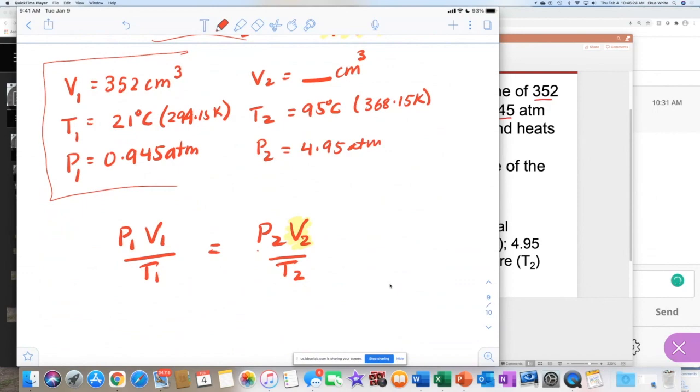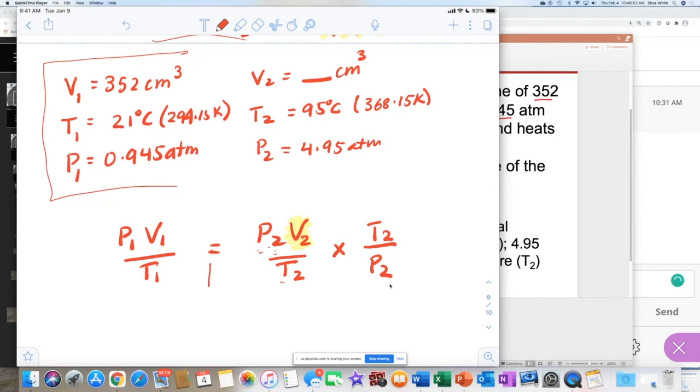In math, the shortcut way is to just multiply it by its inverse, kind of like dimensional analysis. If there's a P2 up here, bring another P2 on the bottom. If there's a T2 down here, bring another T2 on the top. This is our way to get rid of P2 over T2 in one move.